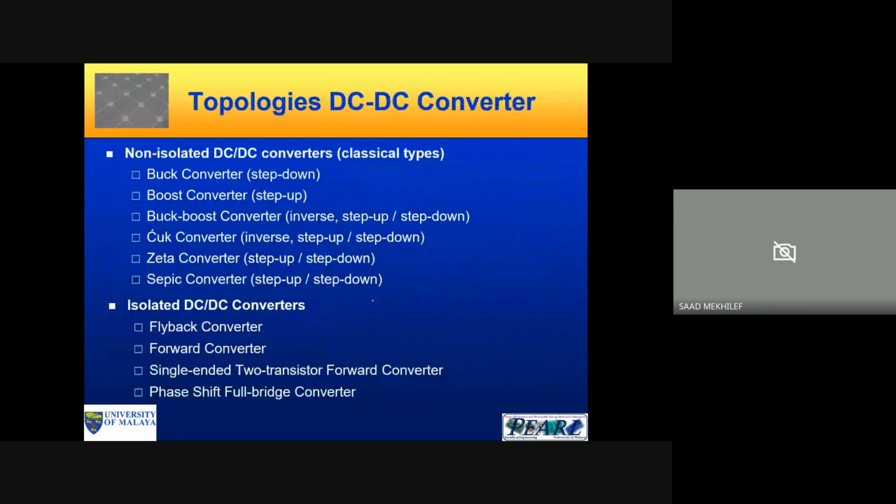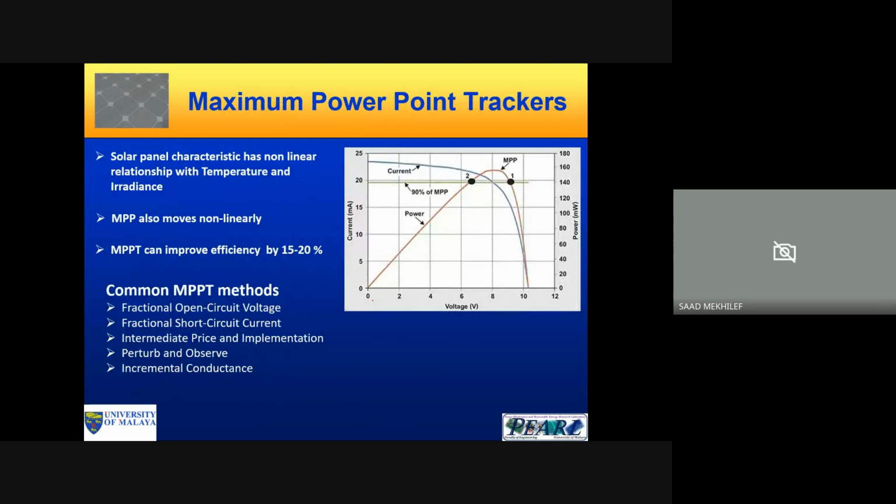Let's take other different types. In the PV panel, the voltage and current produced depend mainly on two parameters: one is the irradiance, another one is temperature.